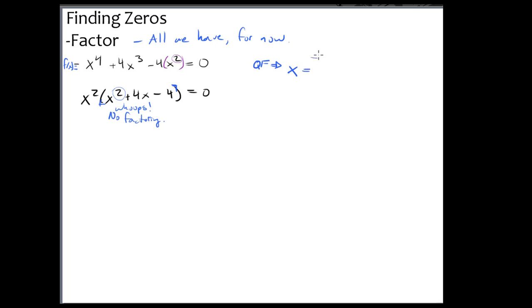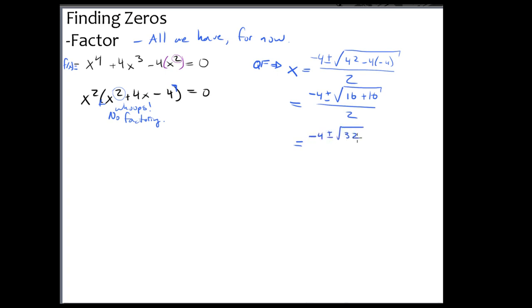x is equal to minus 4 plus or minus square root of the quantity 4 squared minus 4 times negative 4, square root of that, all over 2. So this is negative 4 plus or minus the square root of the quantity 16 plus 16 over 2. So that's negative 4 plus or minus the square root of 32 over 2. 32 is 16 times 2.